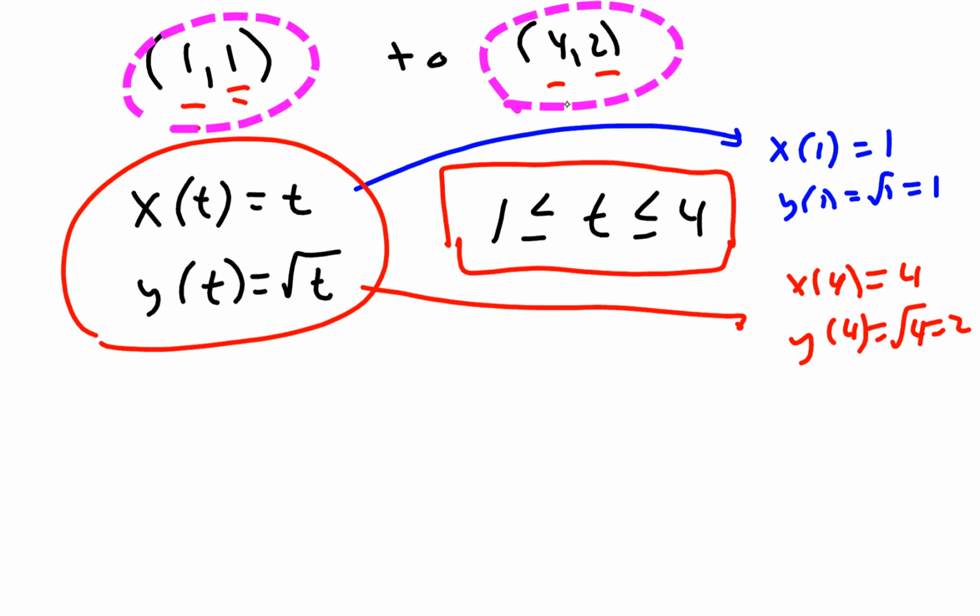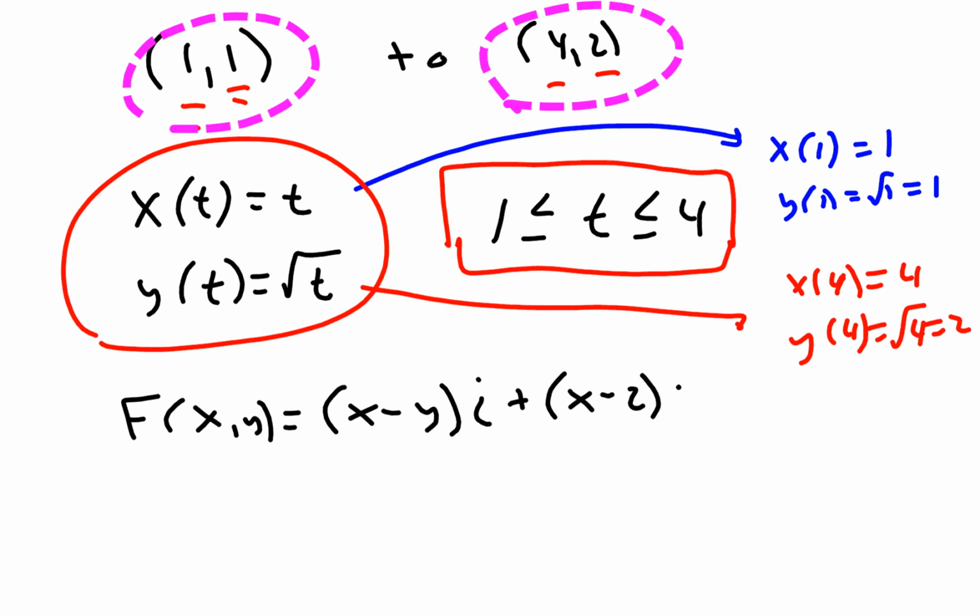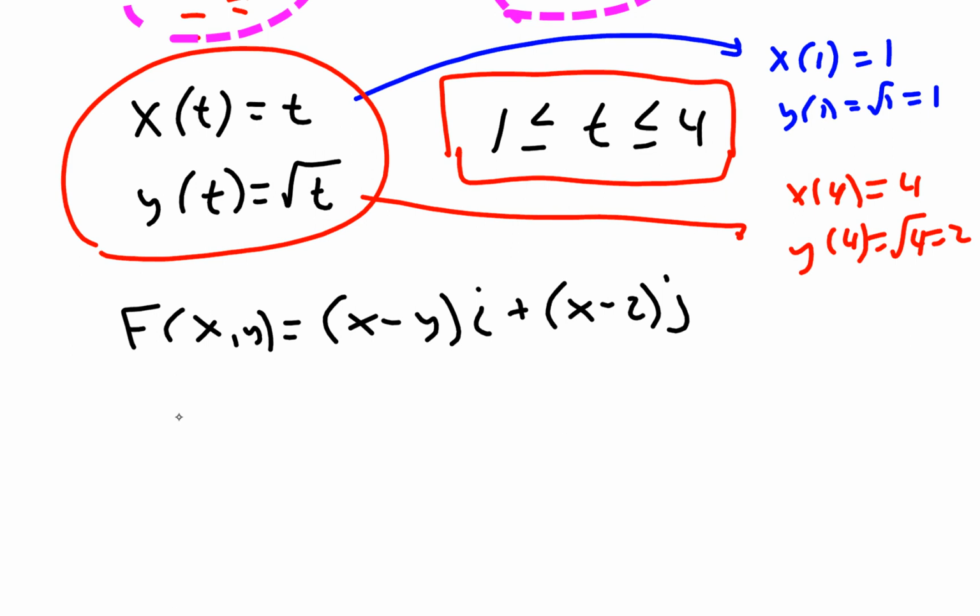All right, so I'm going to redo the line integral using this new parameterization. Let's remind ourselves our function f of x comma y was x minus y times i plus x minus 2 times j. So I'm going to start to work through the line integral. It's going to be the integral, not from 0 in this case, sorry, because our domain has changed.